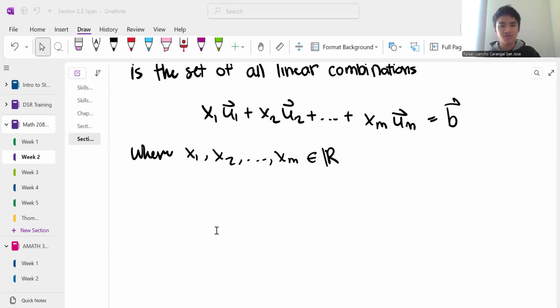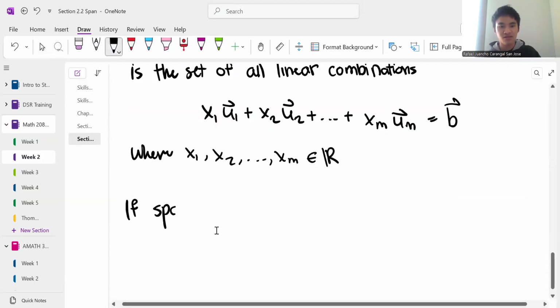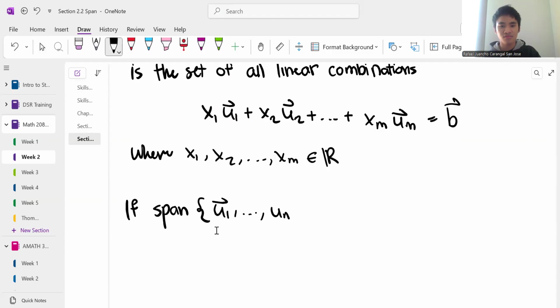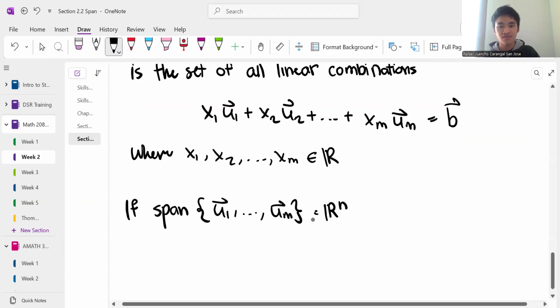Okay, so here we say that if the span of a set of vectors is indeed Rn, this is a very general statement.